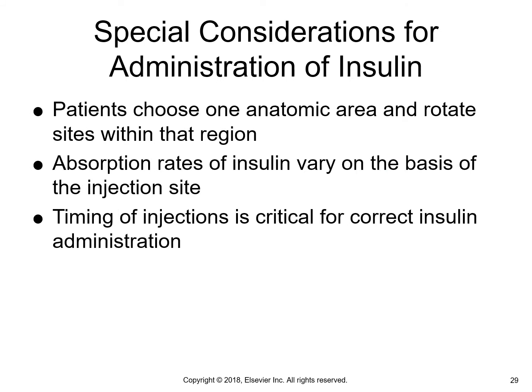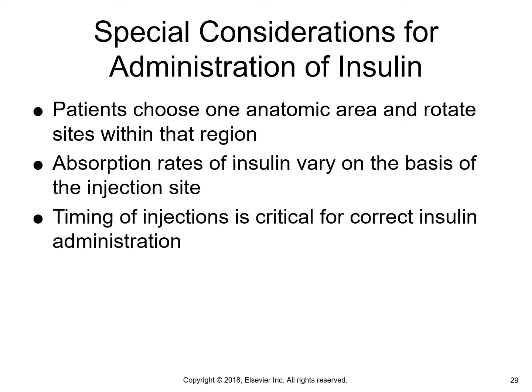Make sure, as I've said here, that you're rotating sites to decrease the hypertrophy or the lipodystrophy that can happen. Also, it affects absorption, especially of insulin, if you're using the same site over and over again. The most quickly absorbed site for insulin and heparin is the abdomen.